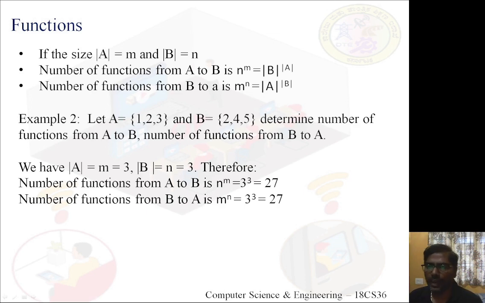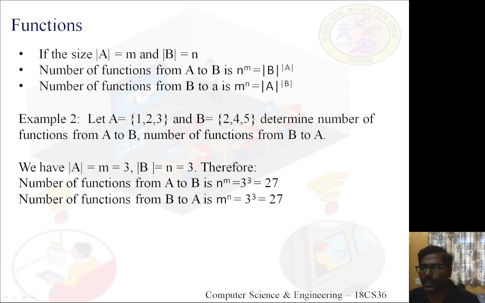Let me justify the number of functions from A to B to be n power m. See here, in set A there are m elements, and we know that in a function all elements of domain, say A, should be related to one element of set B, that is codomain.